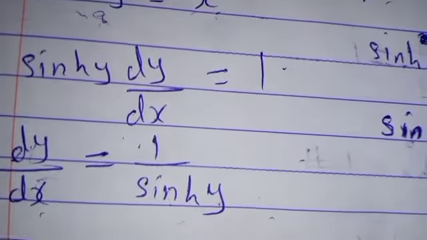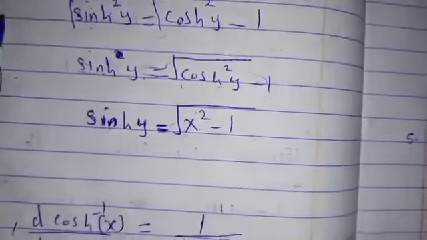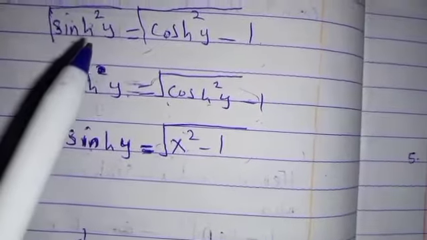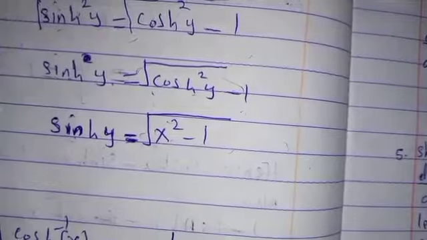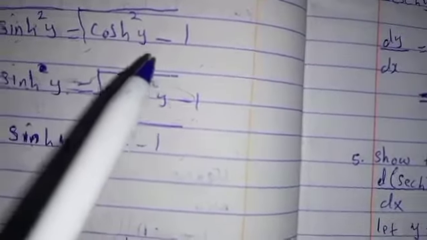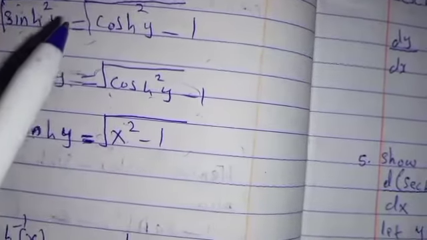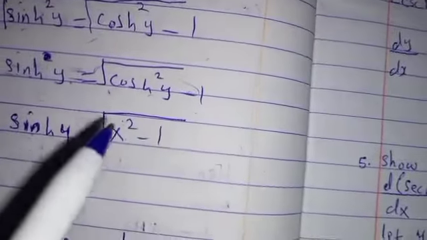From there now, we shall consider this identity, which tells us that hyperbolic sine squared y is equal to hyperbolic cosine squared y minus 1.